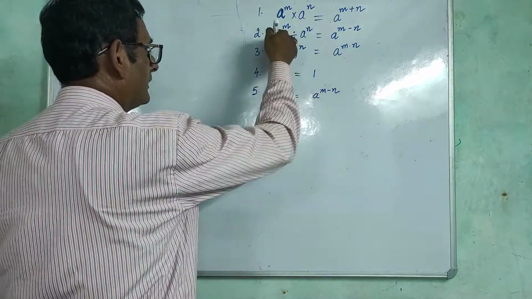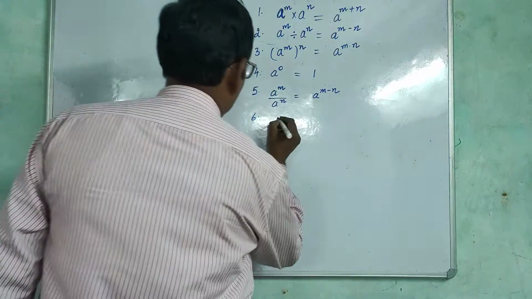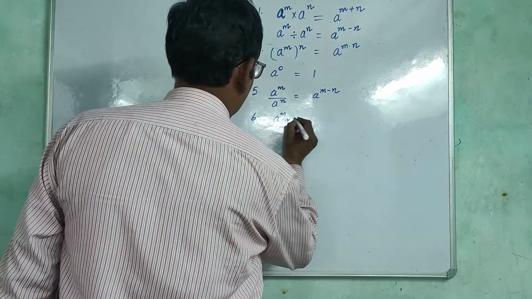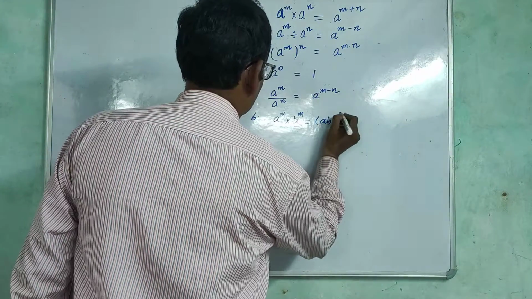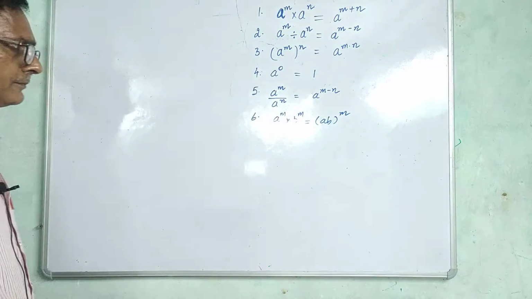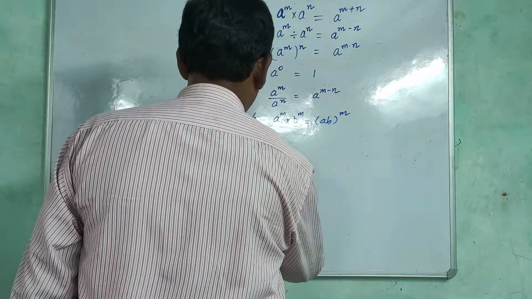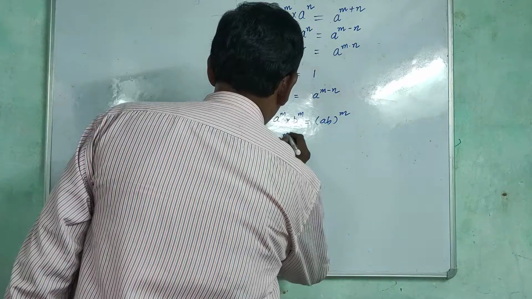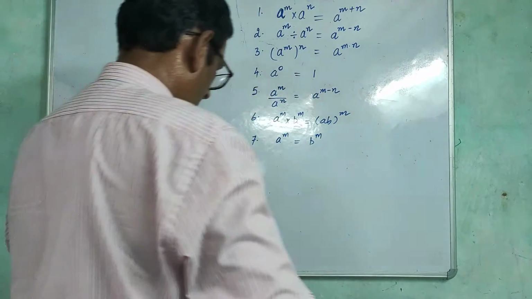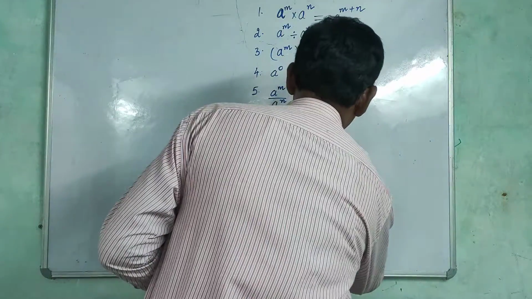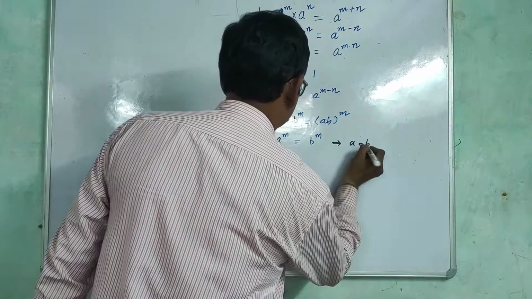This same thing can be written in this form also. a to the power of m into b to the power of m equals ab whole raised to the power of m. a to the power of m equals b to the power of m implies a equals b.